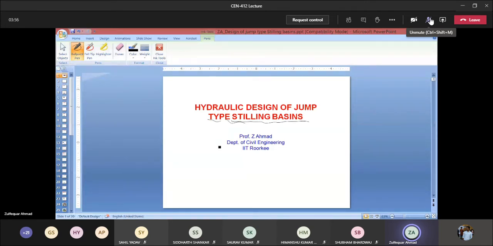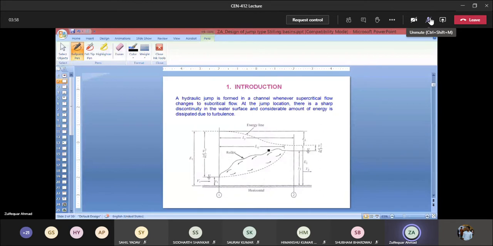And for that, let us just review the hydraulic jump. Okay. So this is just a revisiting. You have seen that in the open channel flow that you have already gone through, I mean the channel hydraulics. So once the supercritical flow is meeting with the subcritical flow, then there is a rise in the water level, and that rise in the water level or the jump in the water level, we are saying that one as a hydraulic jump.